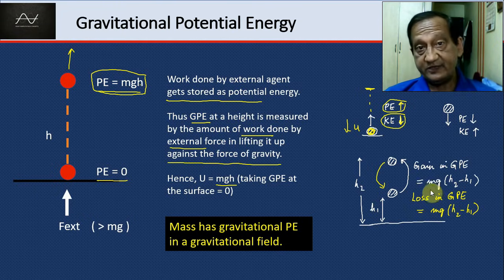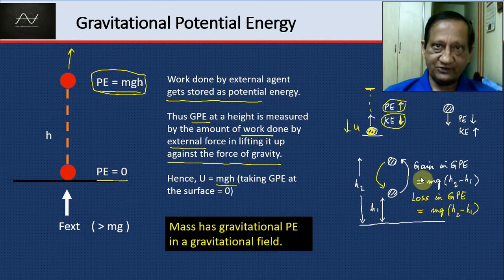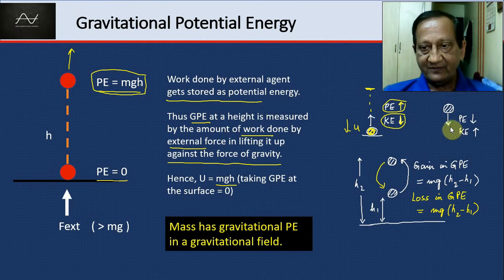The gain in potential energy is equal to the loss in kinetic energy. If you drop a body from rest, then it picks up speed, so the v is increasing, kinetic energy is increasing, but the height is decreasing, potential energy is decreasing. Again, the decrease in this is equal to the increase in this.